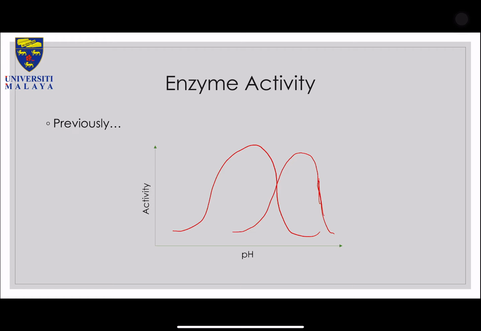You might have a skew towards either side, left or right, depending on the pI of the enzyme, so you might have a bit of resistance towards a certain pH.